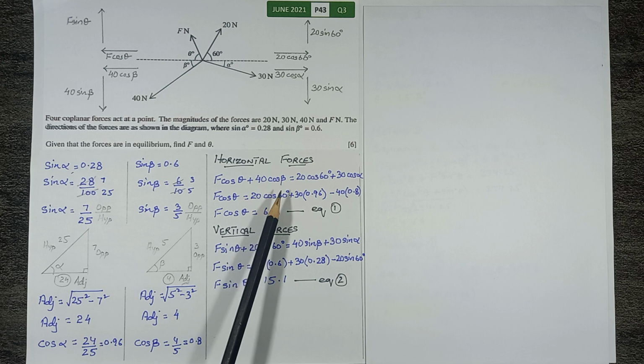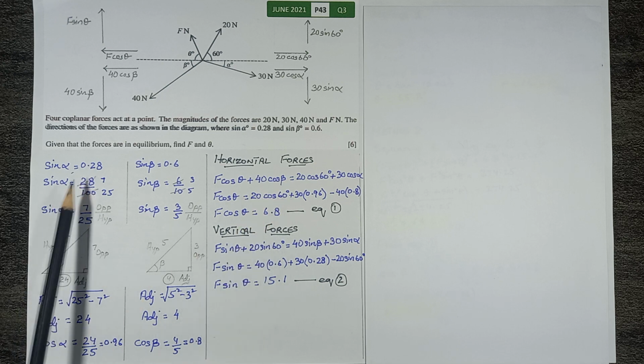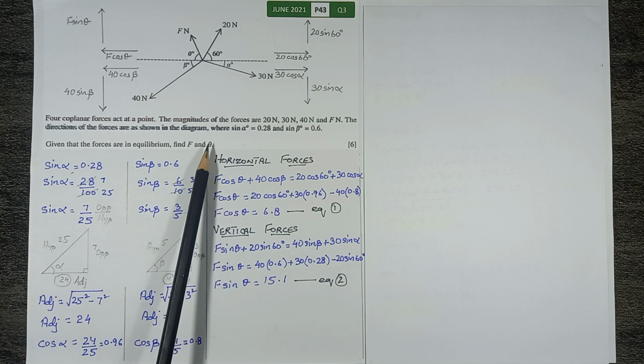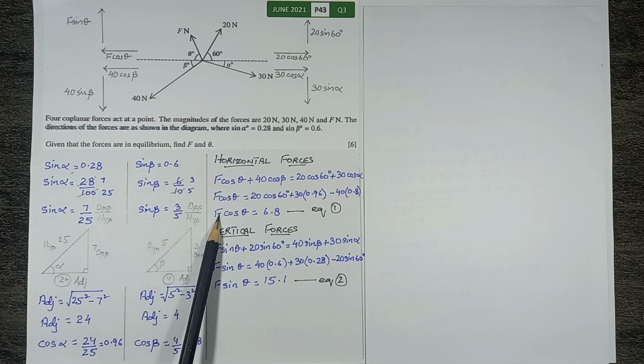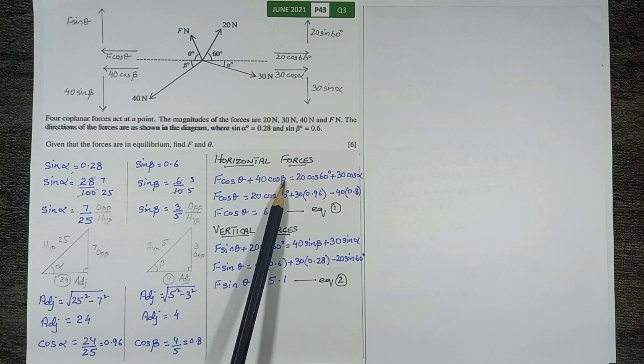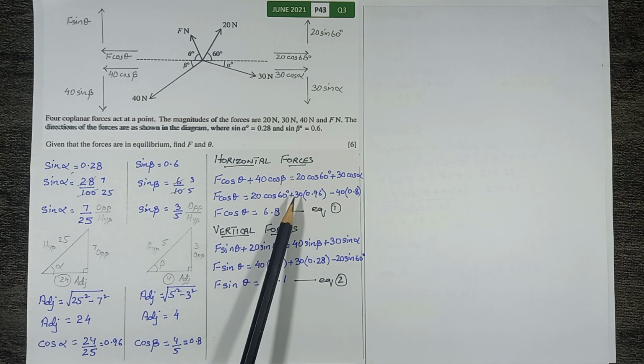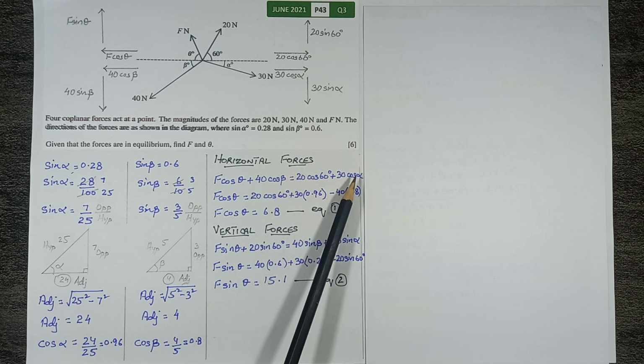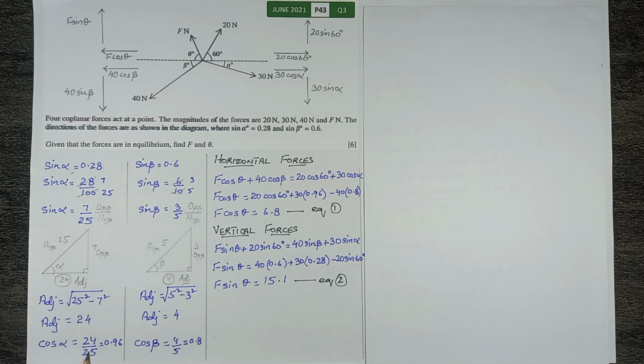By rearranging it and placing the values of sine alpha, cos alpha, sine beta, cos beta wherever required, as we can see, F cos theta, theta is an angle that has to be found, and F is also the force that has to be found. 40 cos beta, we have found 0.28, we have kept it over here. 20 cos 60 can be worked out, and 30 cos alpha, and cos alpha is over here 0.96. So we can simplify this, and that would be equal to 6.8, and the first equation from the horizontal forces would be F cos theta is equal to 6.8.